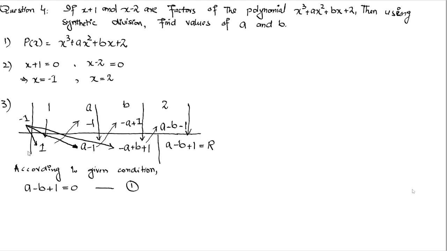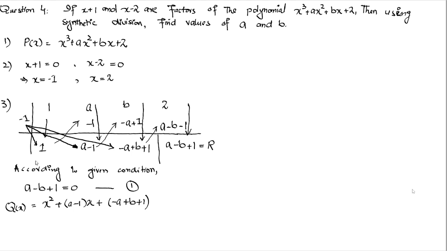And from the above division, we can write the quotient value q of x after division, which will be 1 x squared plus a minus 1 x plus minus a plus b plus 1.